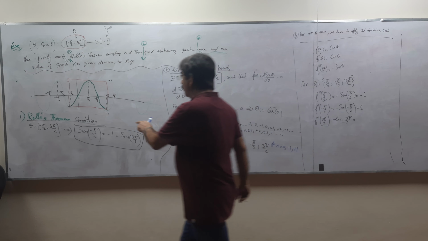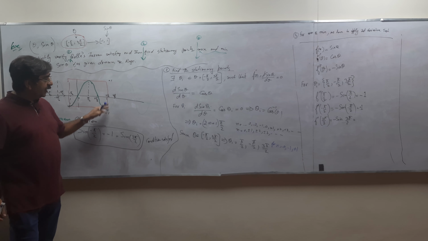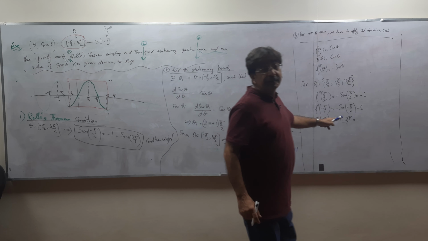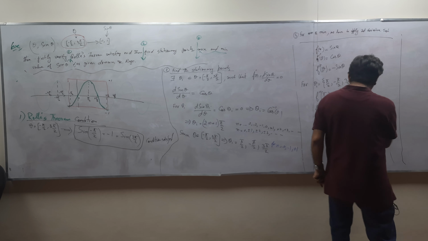At minus 3 pi by 2, the value is minus 1 multiplied with the minus 1, that will be a plus 1.